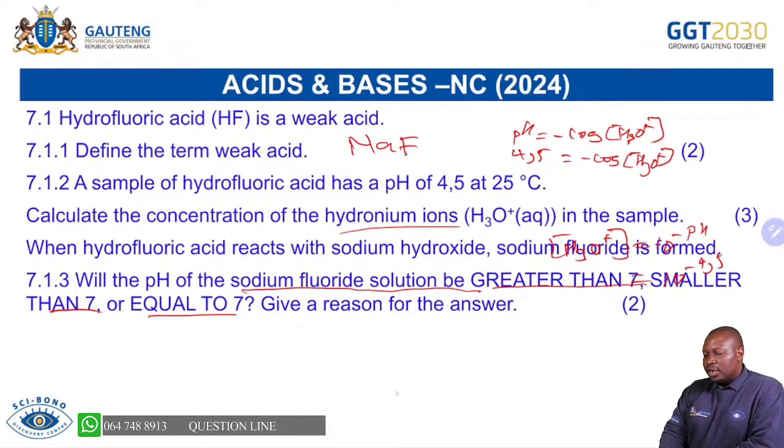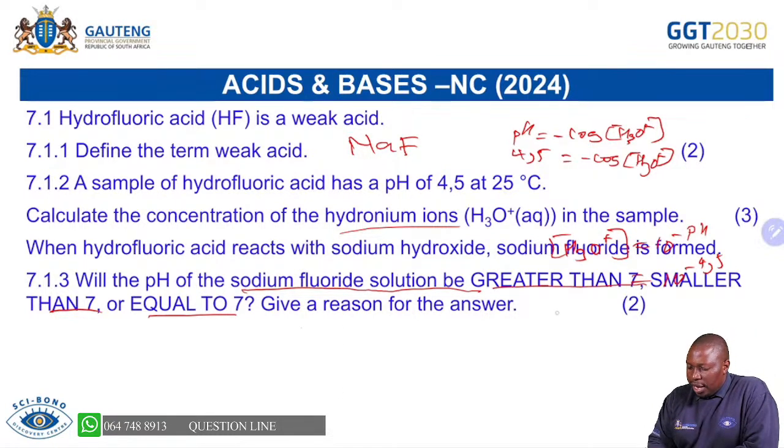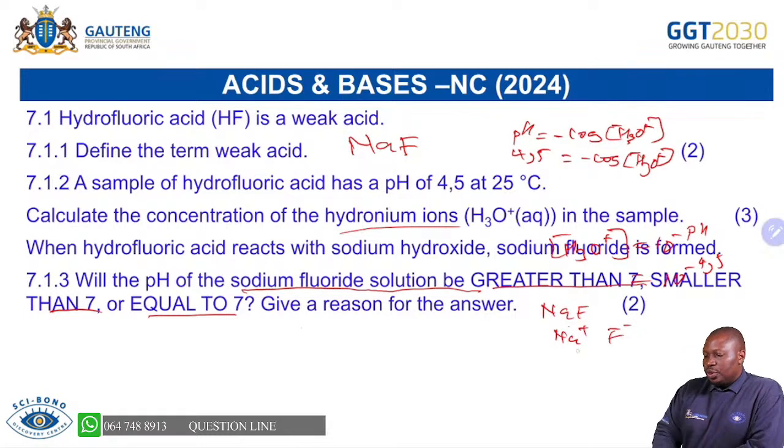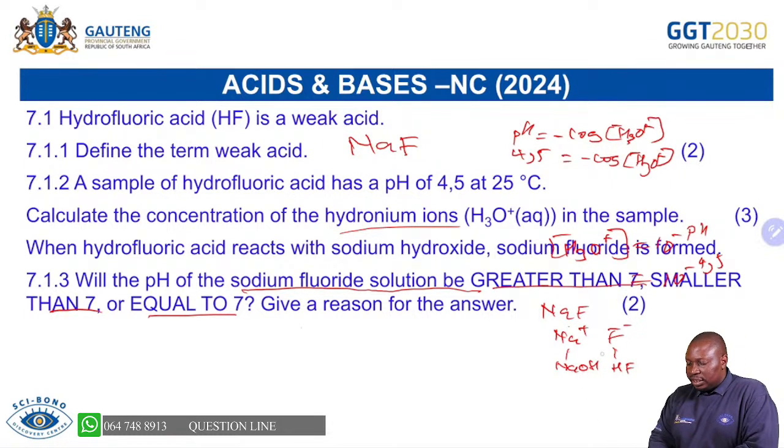So for hydrolysis, if you are having sodium fluoride, the first thing you do is separate the sodium fluoride into sodium ion and fluoride minus. And then you are able to say, okay, this one is from sodium hydroxide, which is a strong base. This one is from HF, hydrogen fluoride, which they told us is a weak acid. Obviously, this is a salt of a strong base and weak acid.